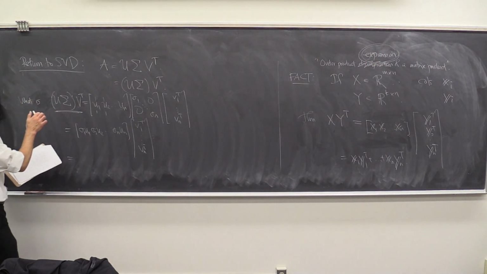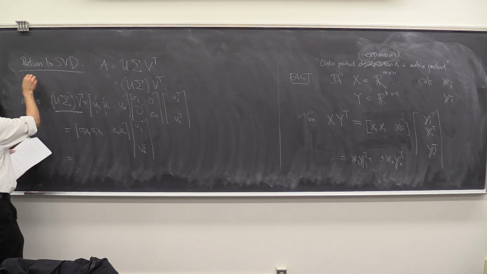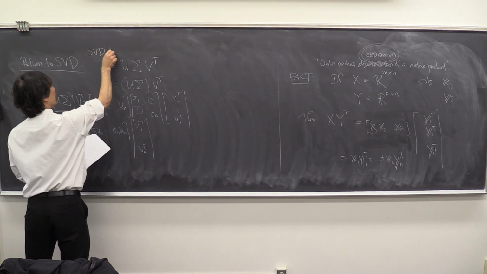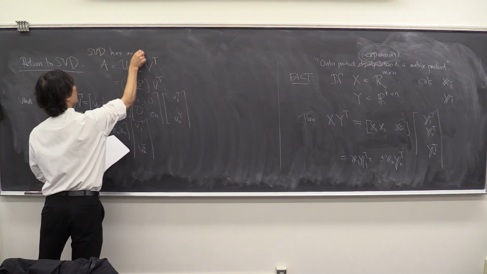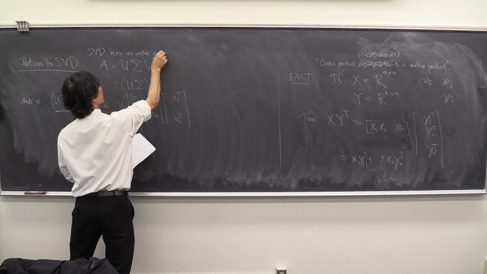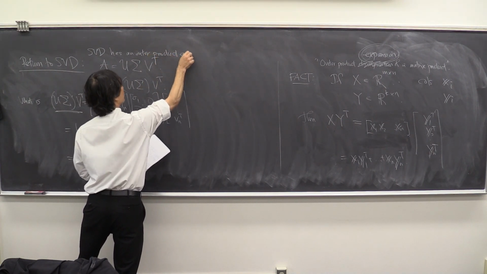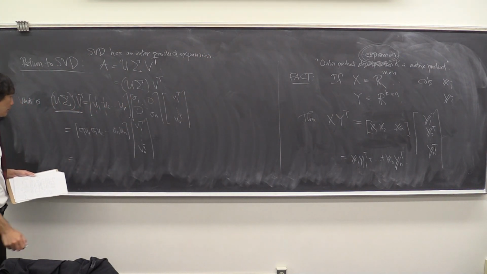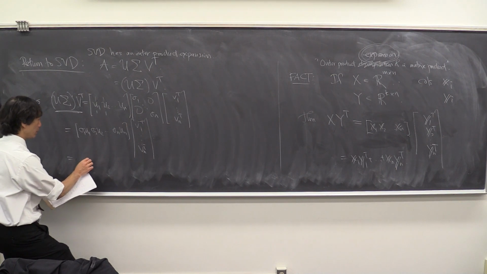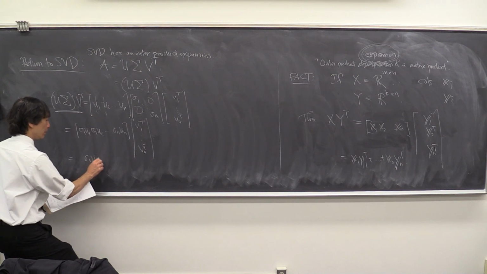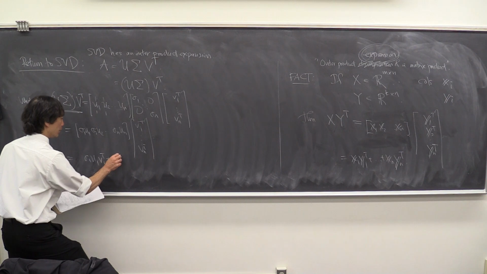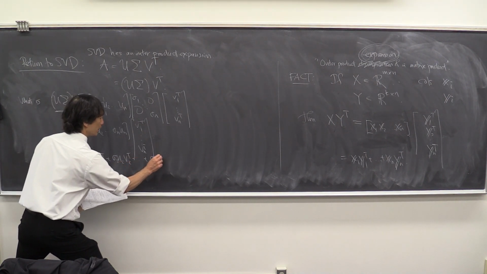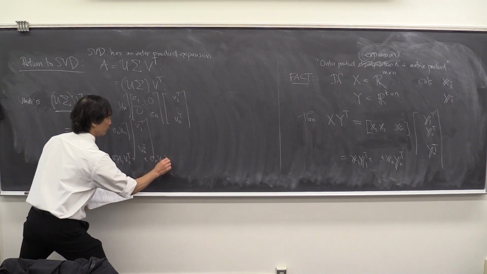Okay, so the singular value decomposition has an outer product expansion. Namely, it's going to be sigma 1 u1 v1 transpose plus sigma 2 u2 v2 transpose plus through sigma n un vn transpose.